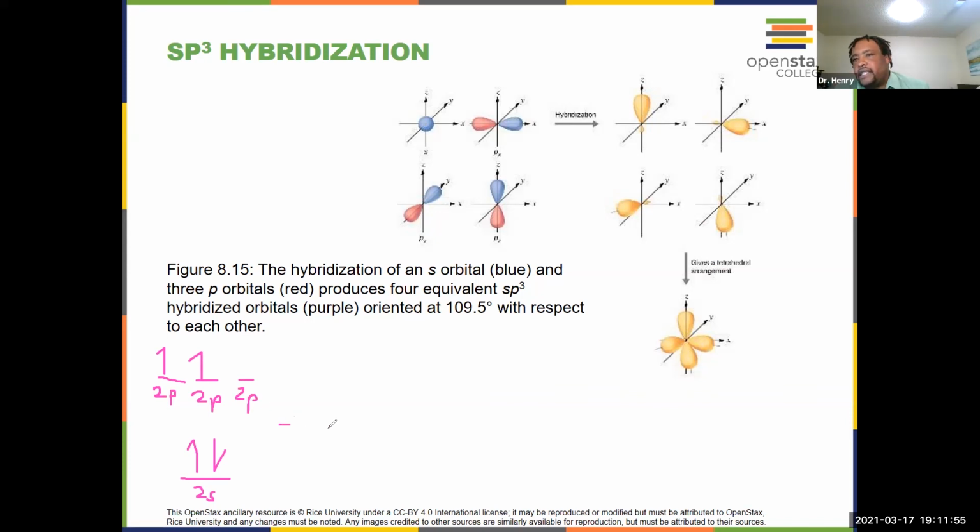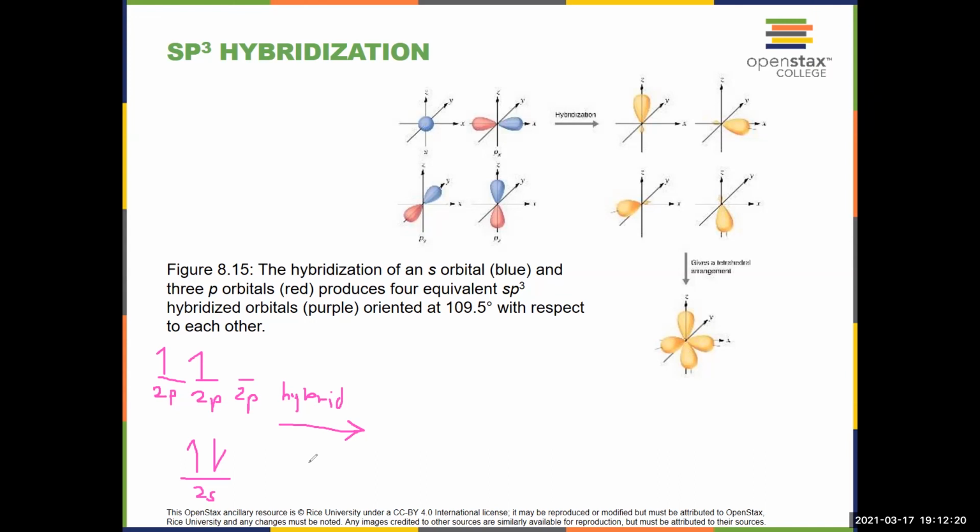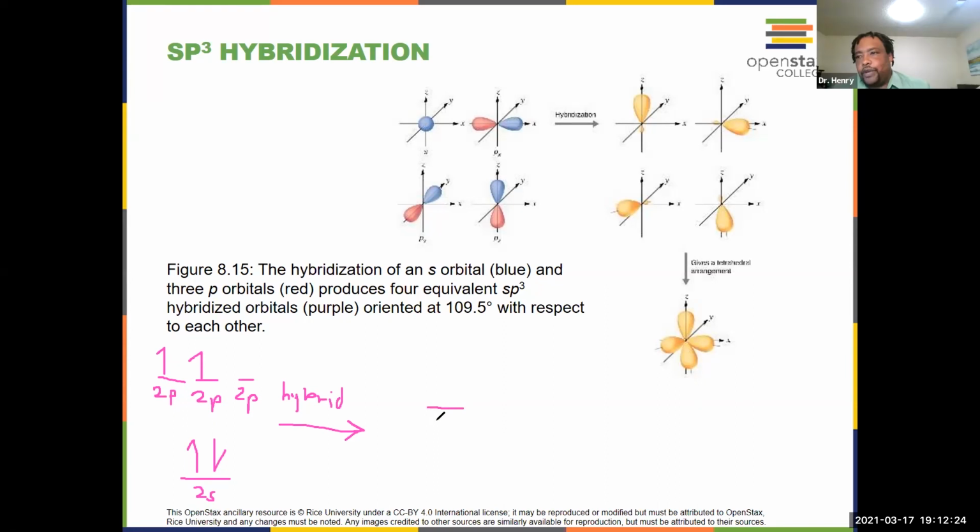So when it hybridizes, what is it going to do? How many hybrid orbitals will it make? Would it be sp3? Okay, so it'll be sp3.